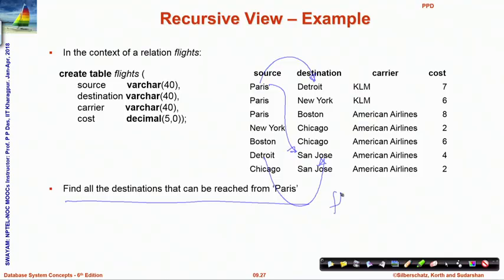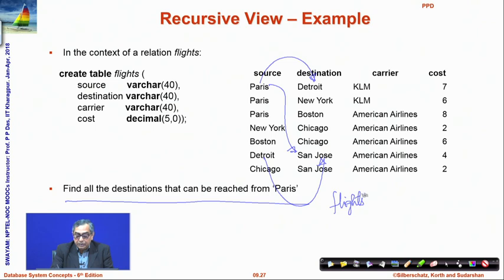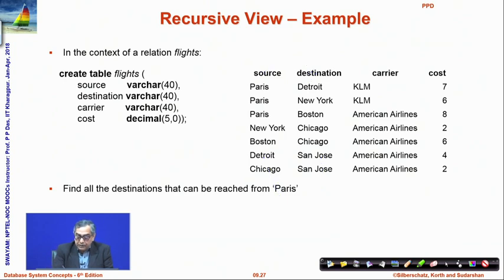If I want to compute that, I can do it very easily by doing a natural join of flights with flights. Let us compute it like this: flights F1 join flights F2, with F1.destination equal to F2.source.